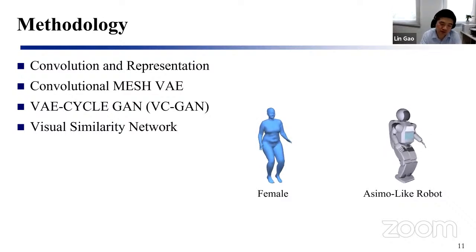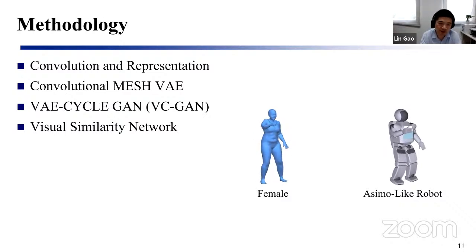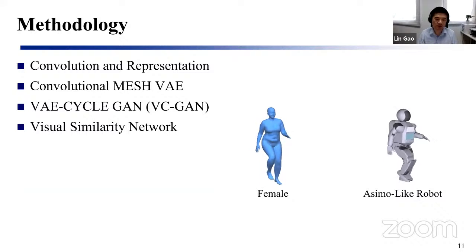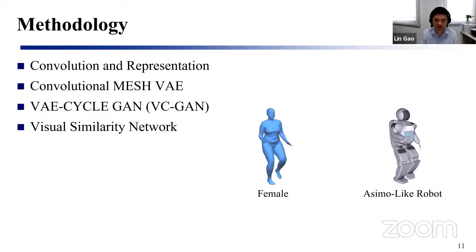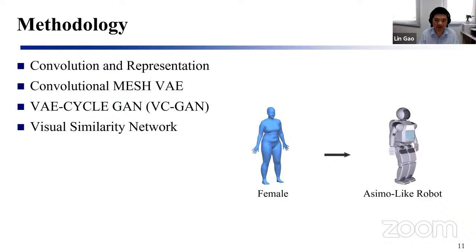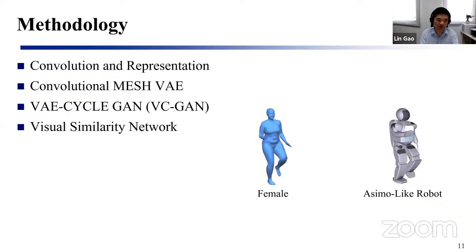This method needs a lot of human effort, but in this research paper, we want to develop something with the help of a neural network. We want to do this task in an automatic manner without any human effort.